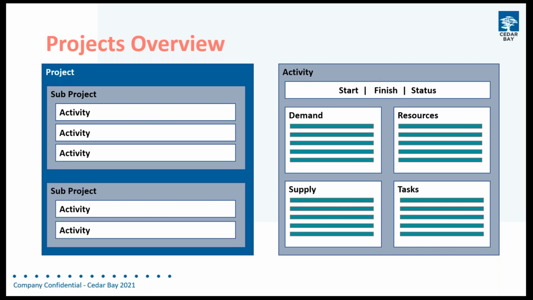It will also have a status to show whether it is in a planning phase, whether it's released for activity, or if it's closed. And within each activity, we can associate demands. So customer orders could be a source of demand for us on activities. We can have our supplies, which would be our purchase orders, shop orders, inventory, all of that sort of thing connected.